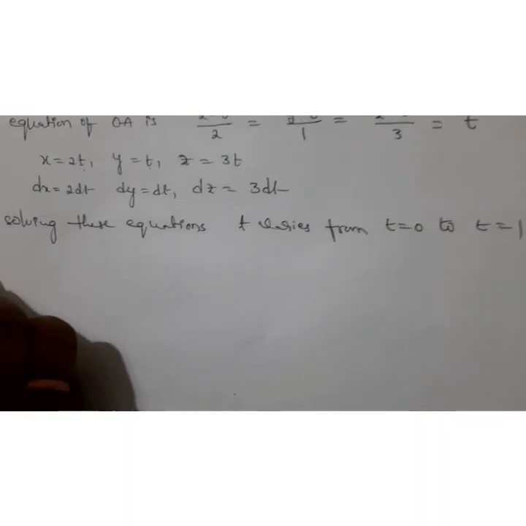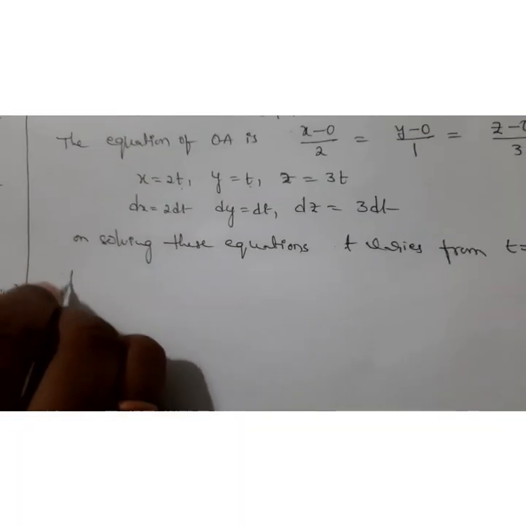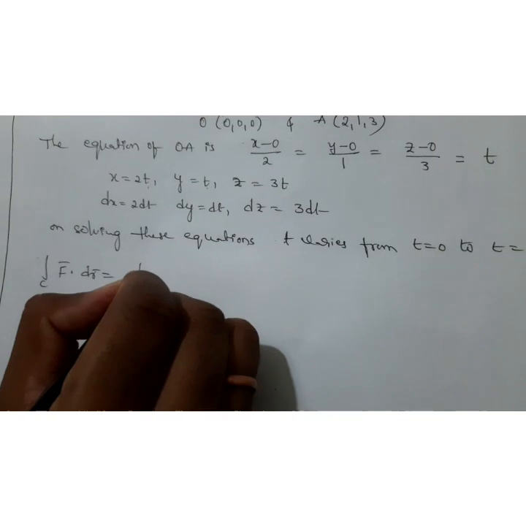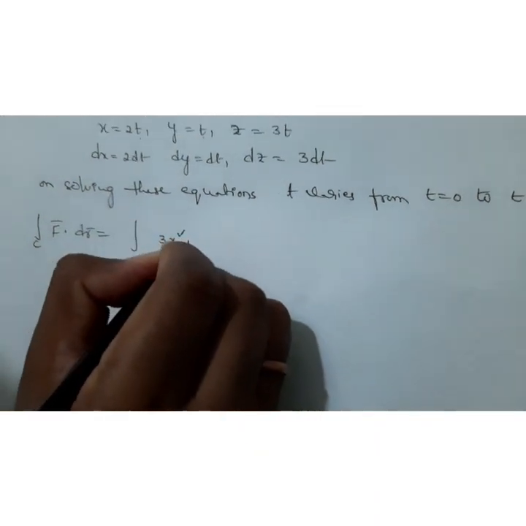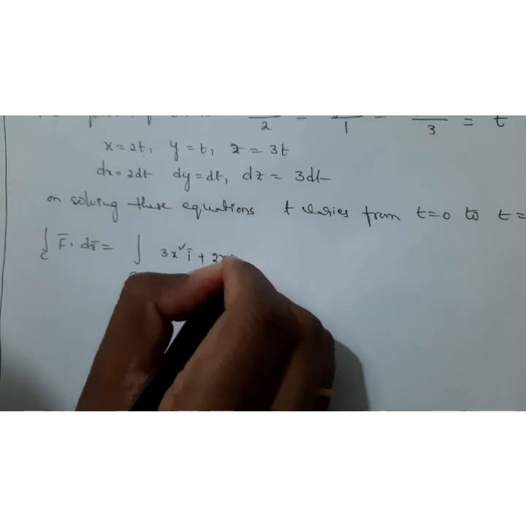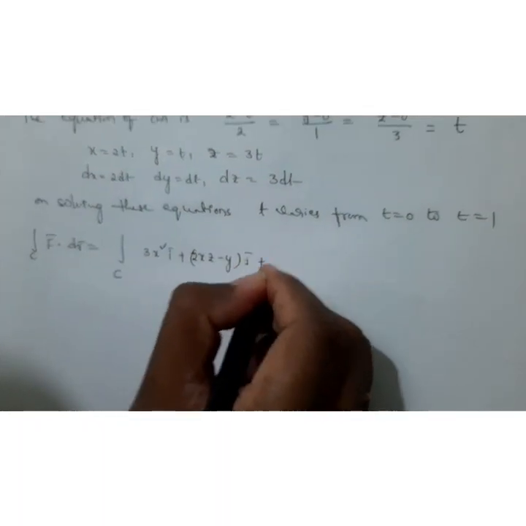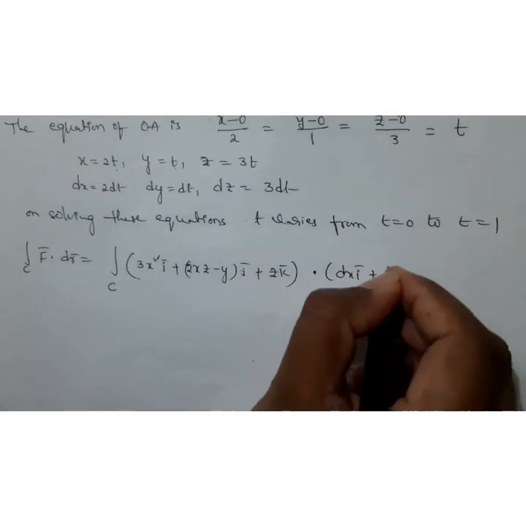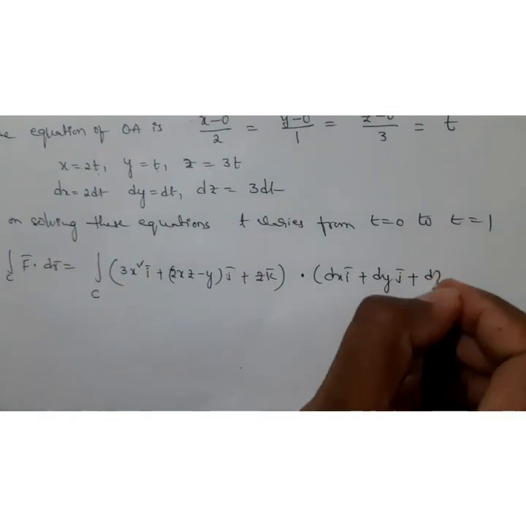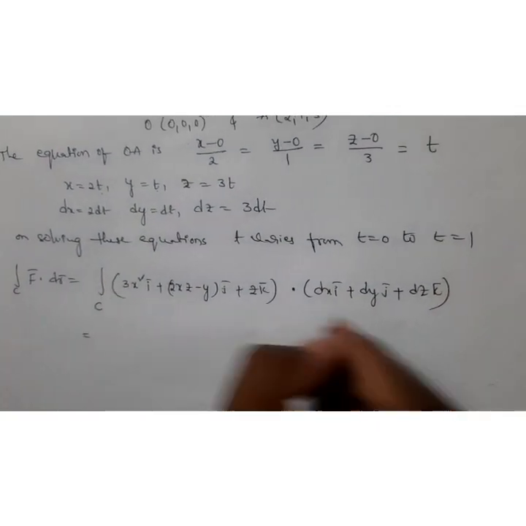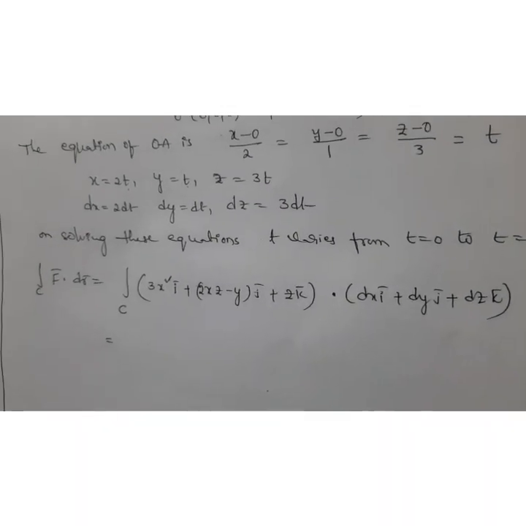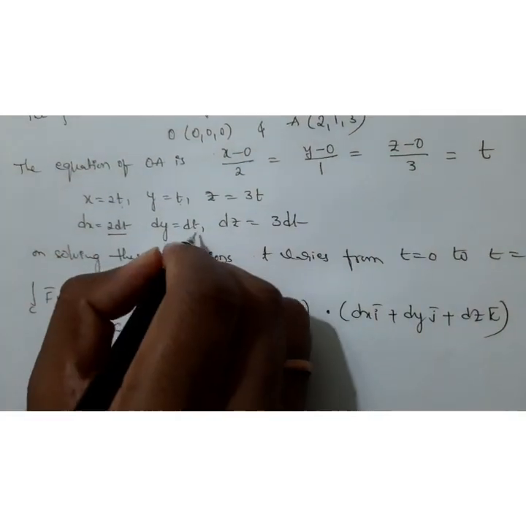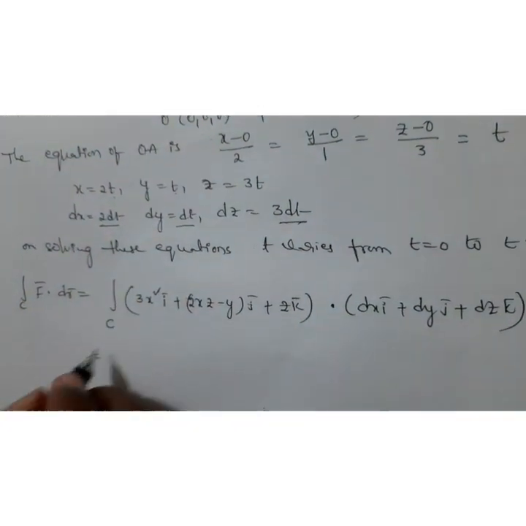Integral over c of f bar dot dr bar is equal to integral over c of (3x square i bar plus (2xz minus y) j bar plus z k bar) dot dr bar, where dr bar is dx i bar plus dy j bar plus dz k bar. To compute the total, convert the whole function in terms of t. We substitute x is equal to 2t, y is equal to t, z is equal to 3t, and dx value 2 dt, dy value dt, dz value 3 dt.